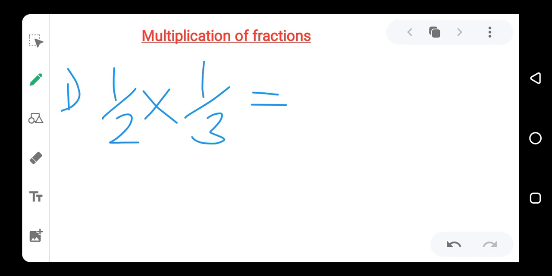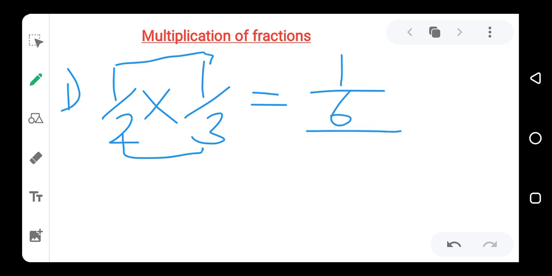So 1 and 1 are on top, so we multiply 2 of them together, and 2 and 3 are below, so we multiply 2 of them together. 1 times 1 will give us 1, and 2 times 3 will give us 6. So the answer is 1/6.